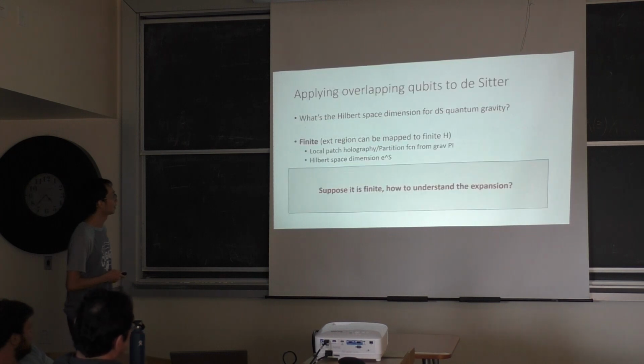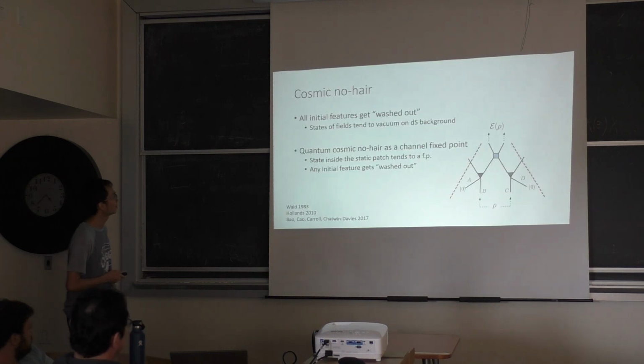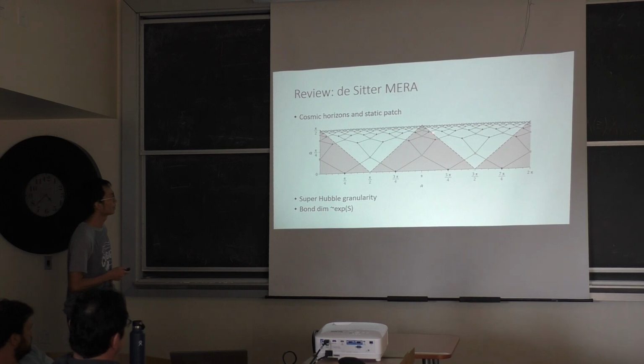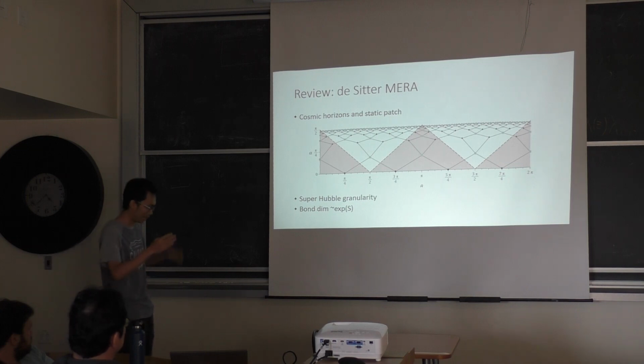But here, if you look at the exterior, the exterior size actually grows exponentially. So if I imagine that there is some tensor network where instead of having this exterior that grows exponentially, you have something that grows linearly, then from this naive counting you will have e to the S.